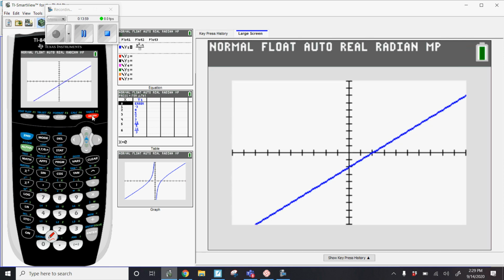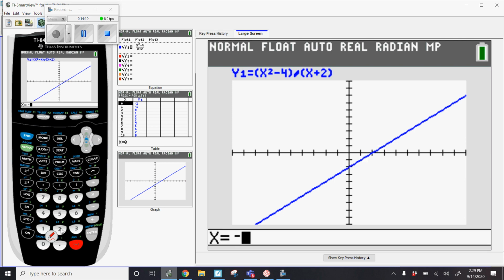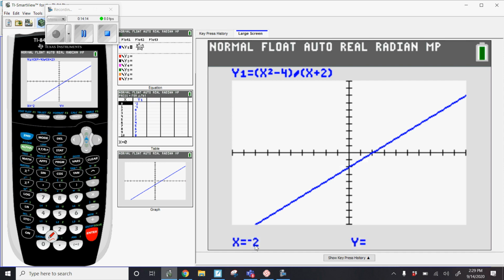Interestingly enough, this graph looks very linear. Okay, but we're trying to figure out what's happening at -2. So again, let's trace -2. We can see that it says y equals blank. Anytime you see y equals blank, that means your function is undefined.